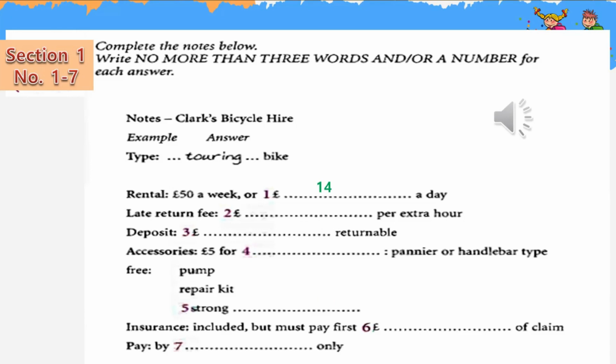And then number 2 here is also a number. Kate mentioned a late return fee, and then Jane asks how much is that. Kate replies, for each additional hour it is £1.25. How to write it down?